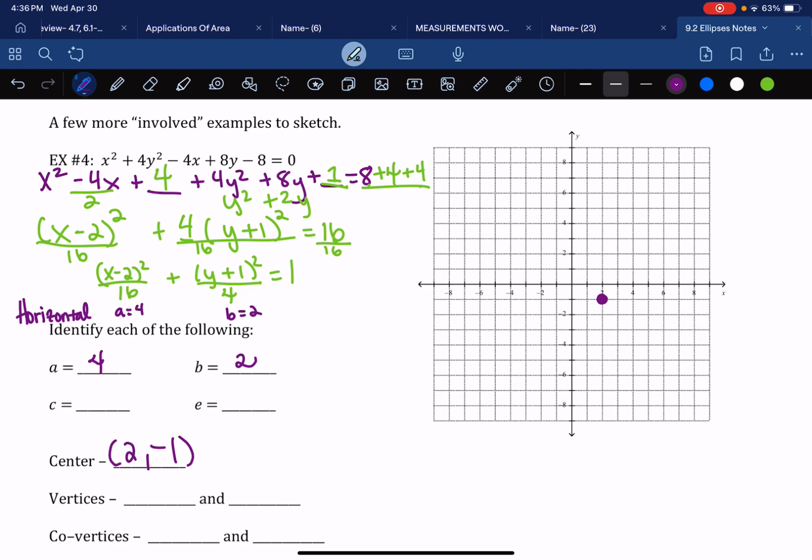So it's horizontal, so I look at that. A is 4. 1, 2, 3, 4. Let's mark that down. And then B is 2, so then I have 1, 2, 1, 2.